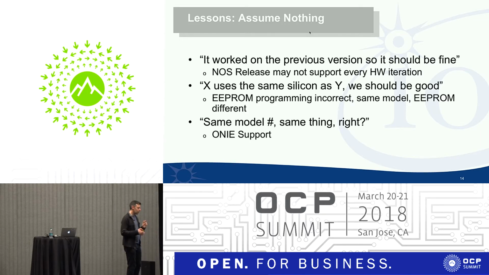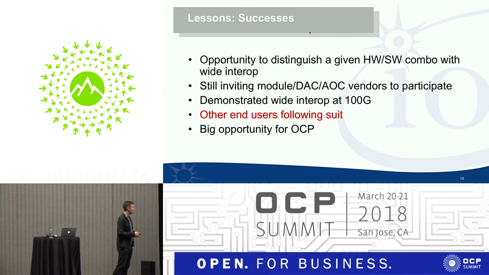Again, those minor differences, minor updates and revisions and so forth can introduce interoperability problems. Even things where, well, this is the same model number that we saw on a previous one, and now maybe a different batch, but the same model number. Even there, we've seen cases where things behave a little bit differently.